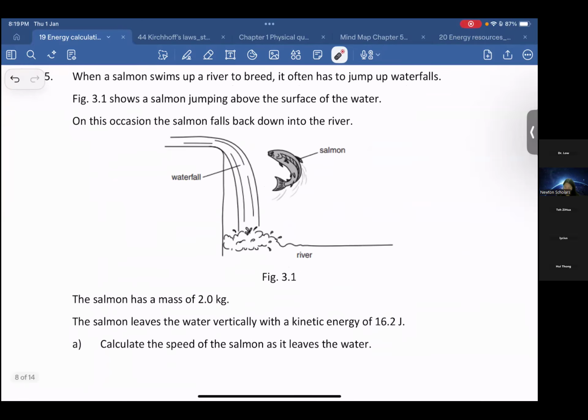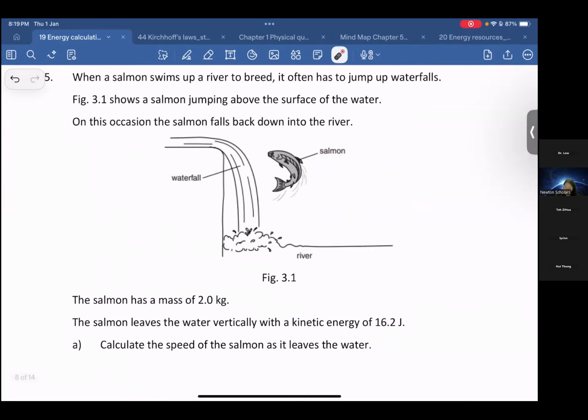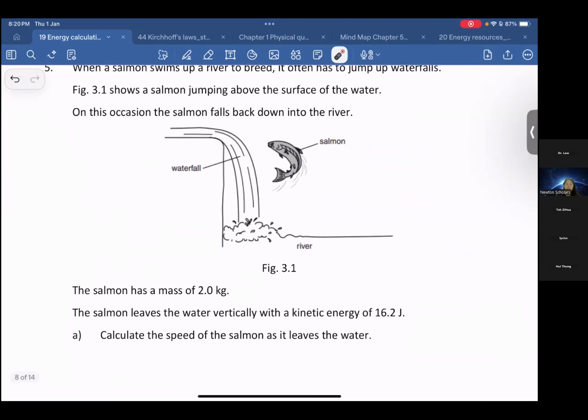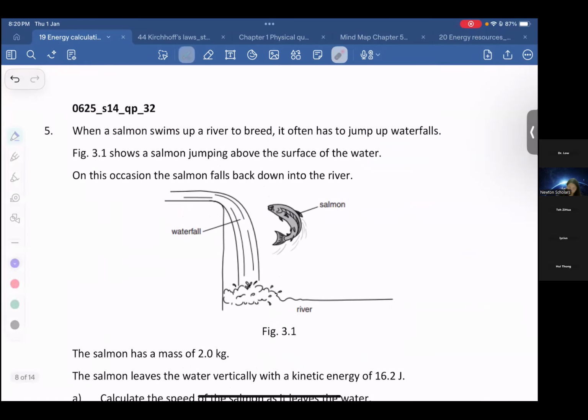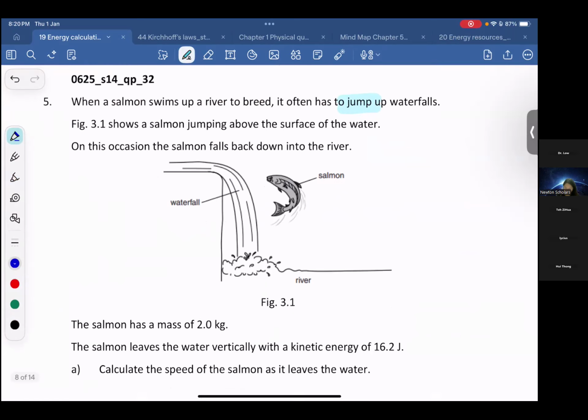Here, the salmon jumps up. Jump, jump, jump. So what is the initial energy? You have to know what the initial energy is. Jump. Then after that, what is your energy after you jump above the surface of water? On these occasions, the salmon will fall back down into the river.